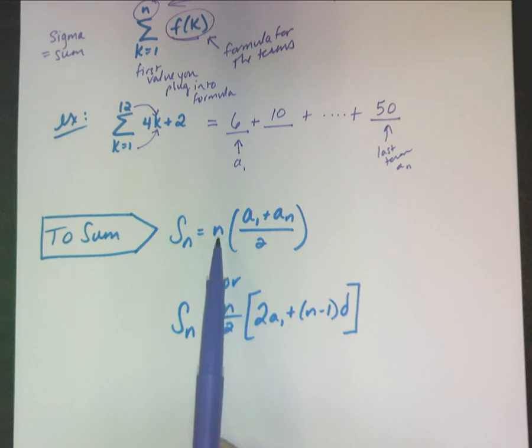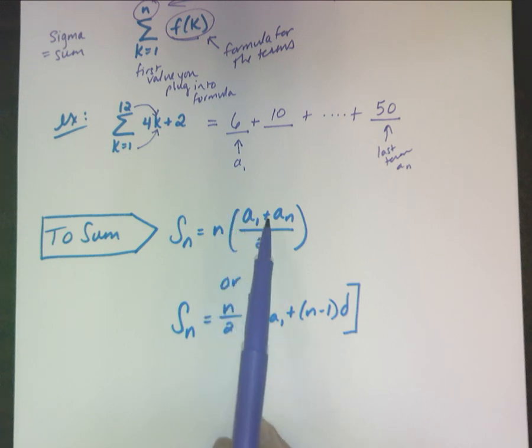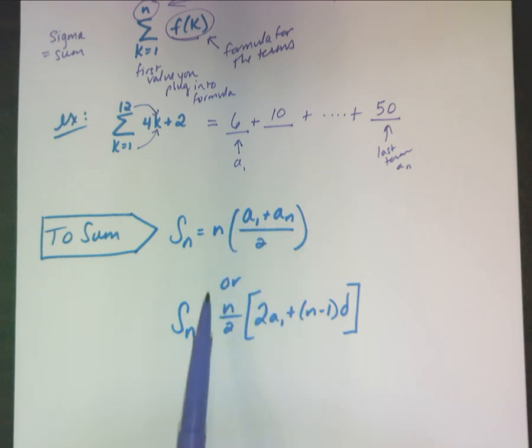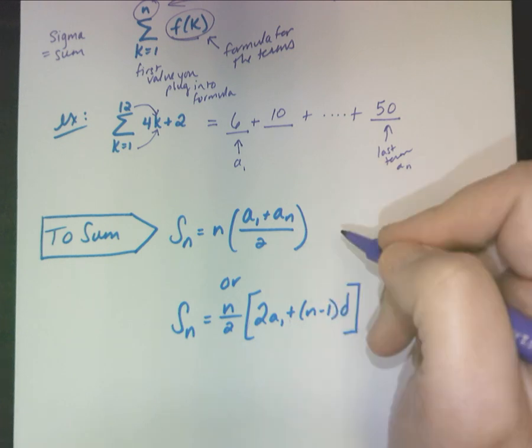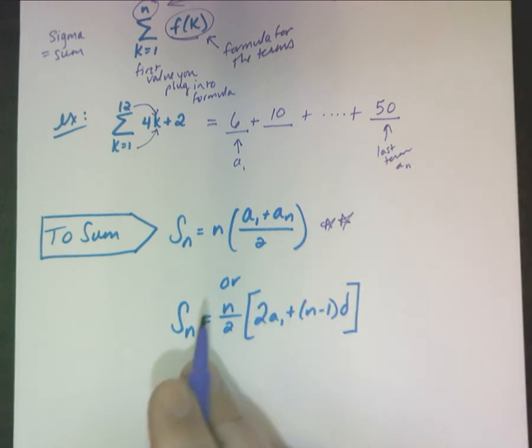You could do n times a sub 1 plus a sub n over 2, or you could do n over 2 times 2 a sub 1 plus n minus 1 times d. Again, which one would you use? I probably prefer to use this one. I mean, this one seems simpler, but depending on what they give me, I might use the other. If they give me an n, I might use this one.